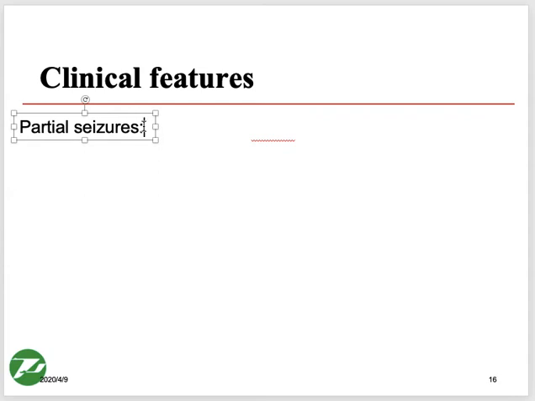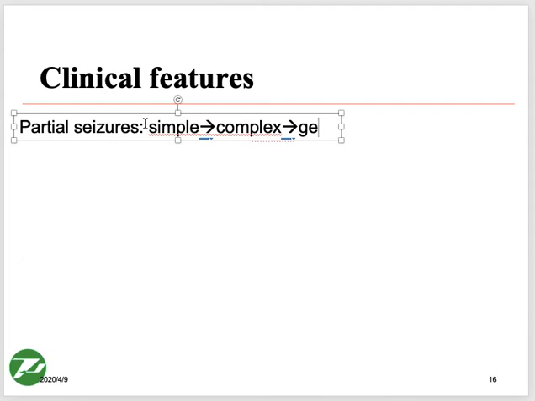So it goes simply this way: there is a simple type of seizure, then it changes into a complex type of seizure, where they lose their consciousness, and then it becomes a generalized seizure, right?